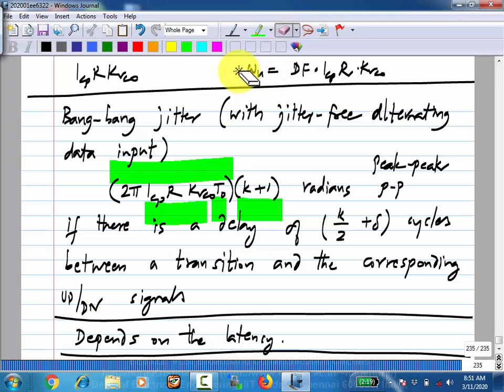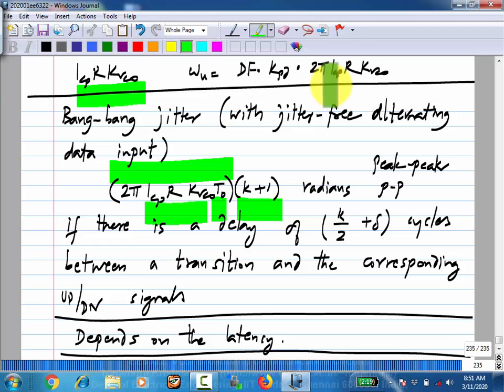So for a bang phase detector, it will be the effective KPD, which depends on the jitter, times the density factor, times 2 pi ICPR KVCO. In any case, the bottom line is, if you try to reduce this product, you also have to reduce the bandwidth.